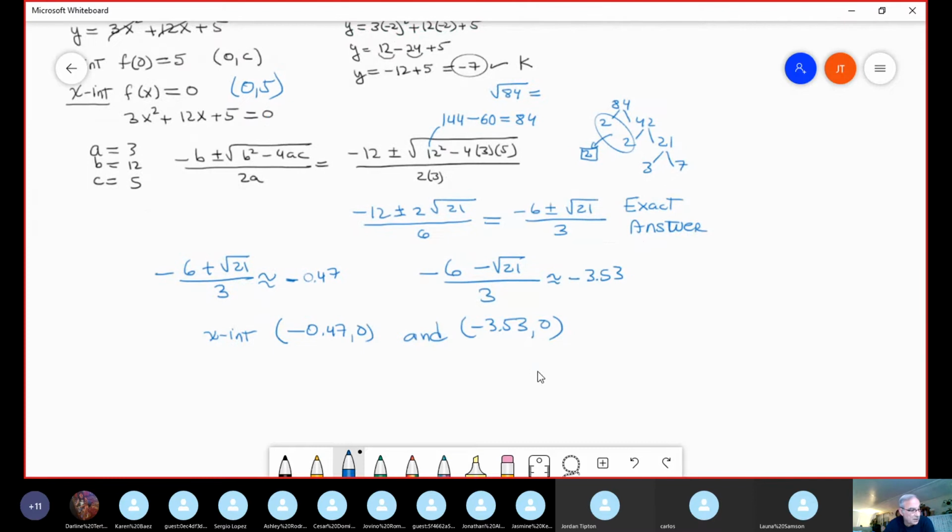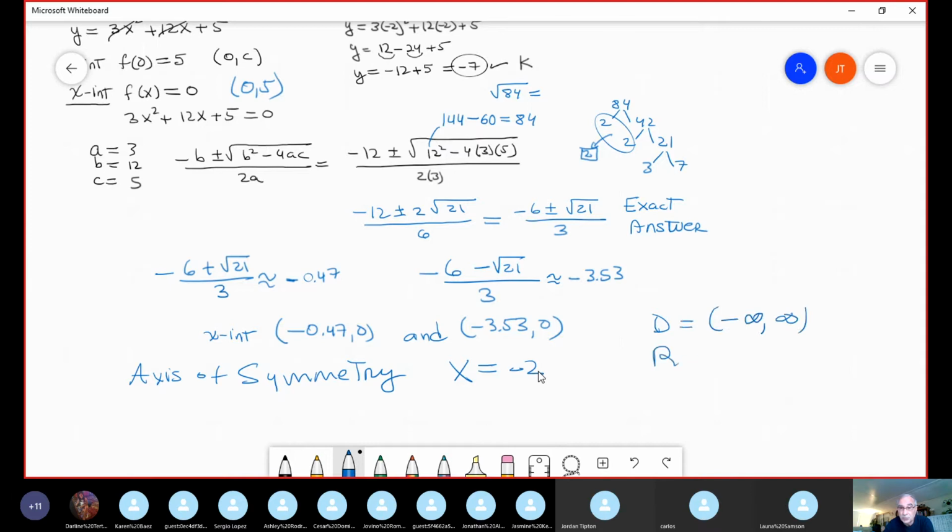What is the next idea? What is the axis of symmetry? The axis of symmetry is the vertical line x equals h. In our example, h is negative 2. It's a vertical line passing through negative 2. And domain and range. Domain is all real numbers.